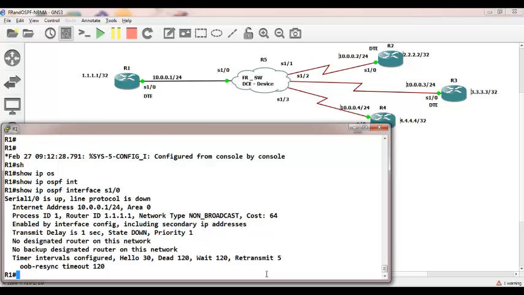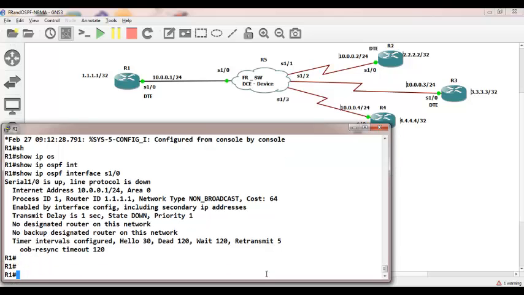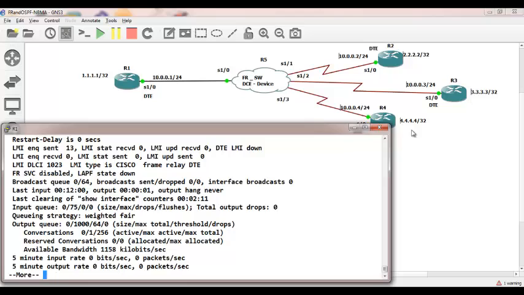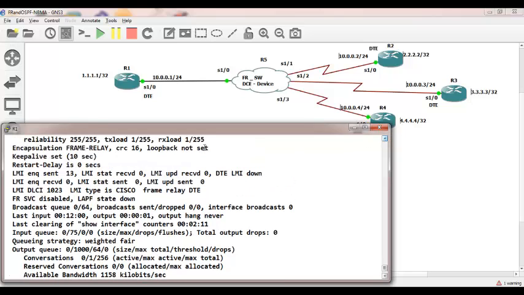Next, I would like to show you the encapsulation now. Show interface serial 1/0. You can see earlier the encapsulation type was, yes, HDLC. Now it is changed to frame relay.